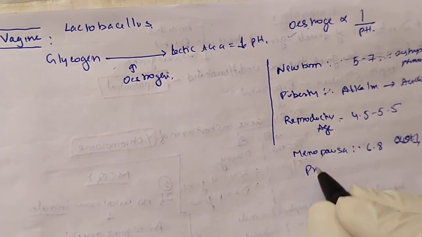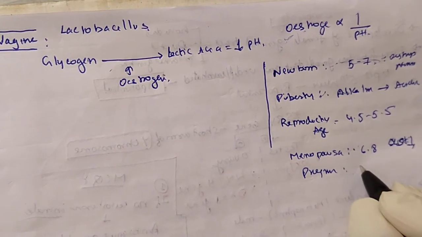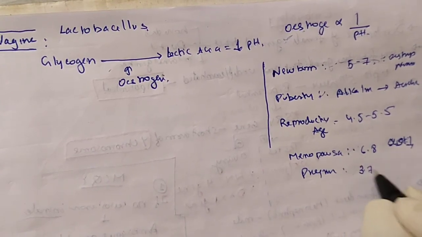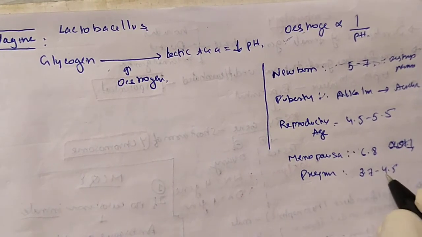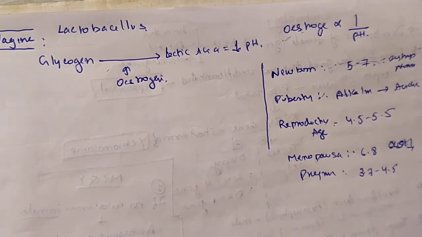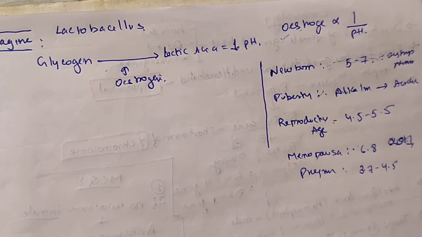In pregnancy, the pH is 3.5 to 4.5 because estrogen levels are high in pregnancy.